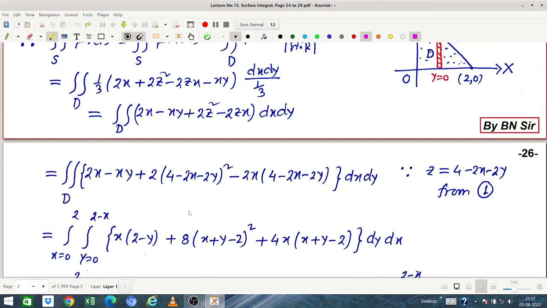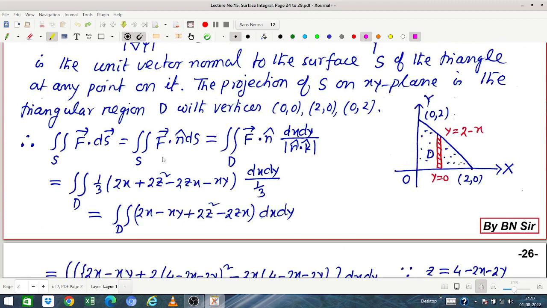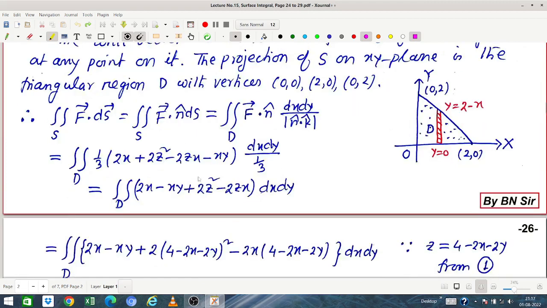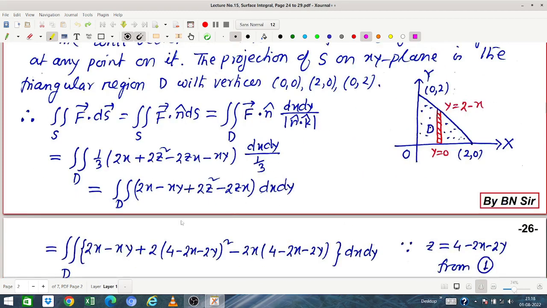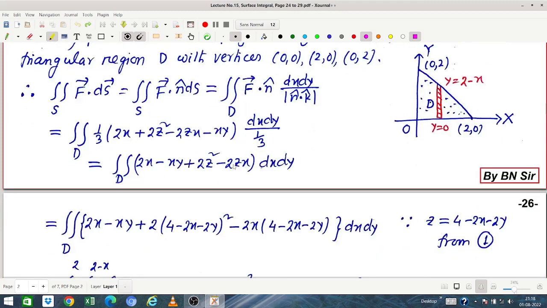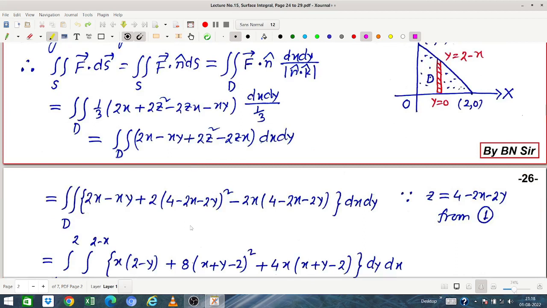Okay, because we are taking the surface integral over the surface S. That's why when we go to the plane region, our z should be replaced by what is obtained from the equation of the surface, z equal to 4 minus 2x minus 2y. So that we have taken here. Z is 4 minus 2x minus 2y, so for this z square we have written 4 minus 2x minus 2y, and then simplified.